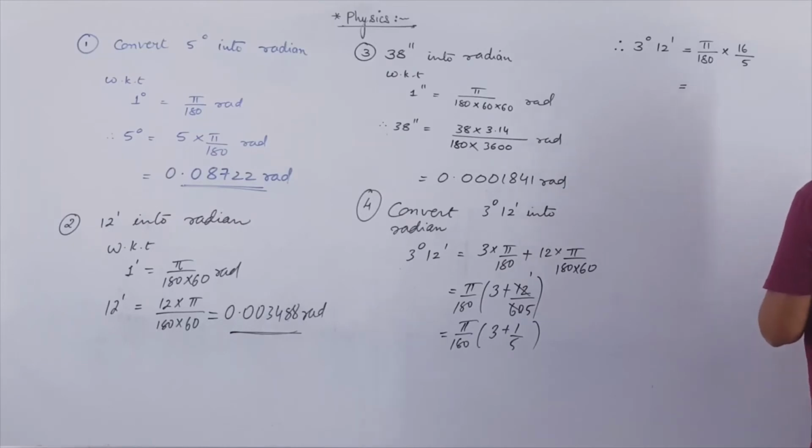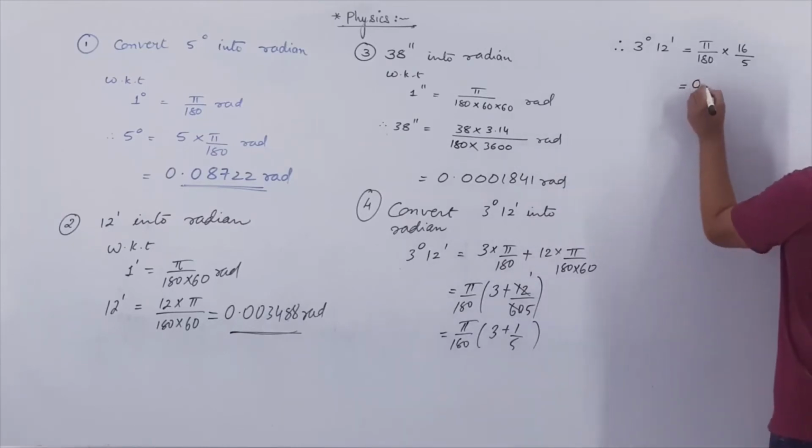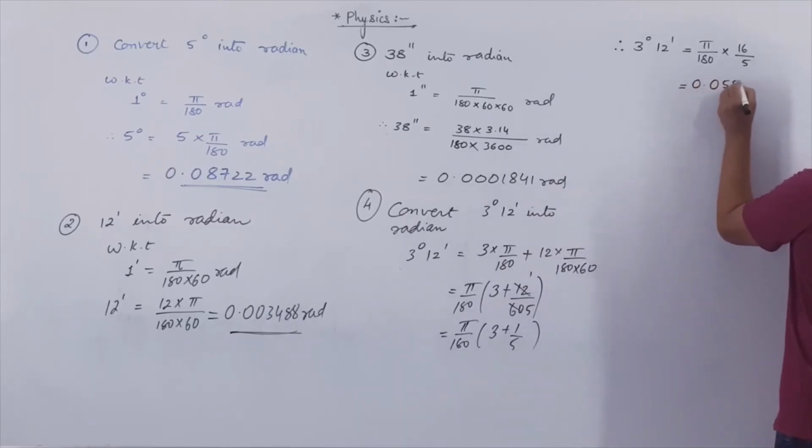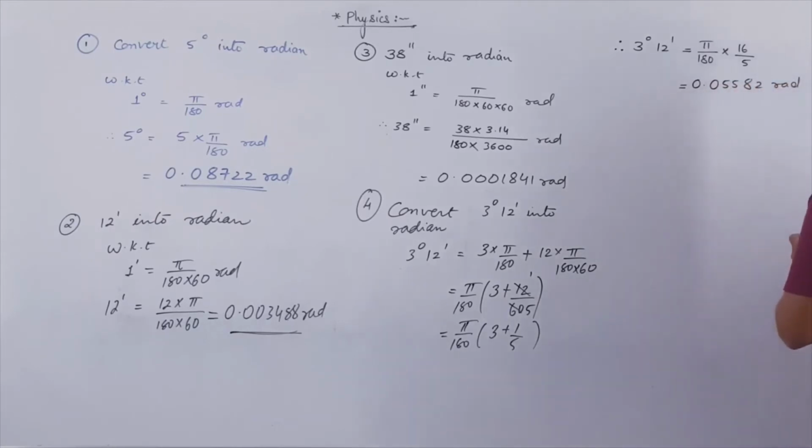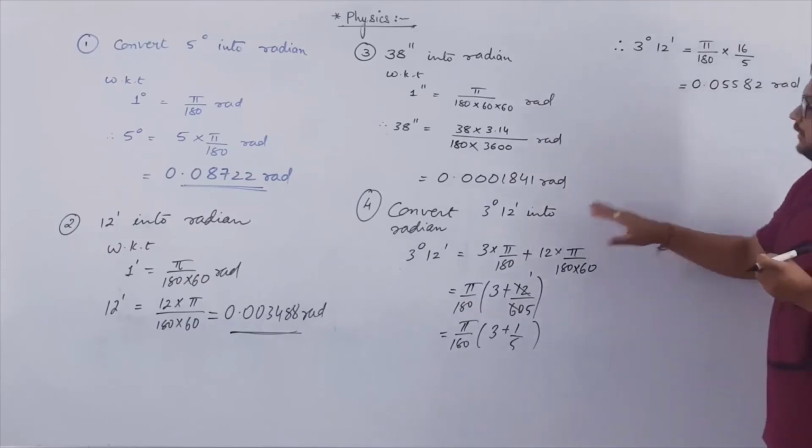The answer will be 0.0558, 0.055822 something like that, radian. This will be the conversion for 3 degree 12 minute into radian.